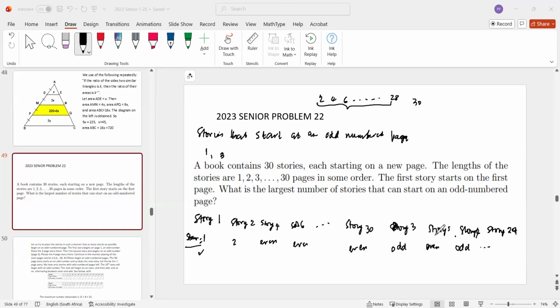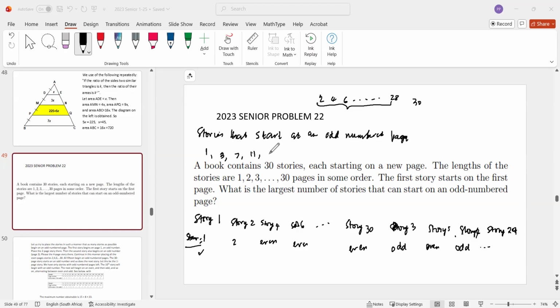But now the next one, story 5, doesn't qualify. Because now I got odd plus 5, and that'll be even. See? But the next one will be odd. So you got 3, 5 doesn't work, 7 works. So you have to keep increasing this by 4. 7, 11.